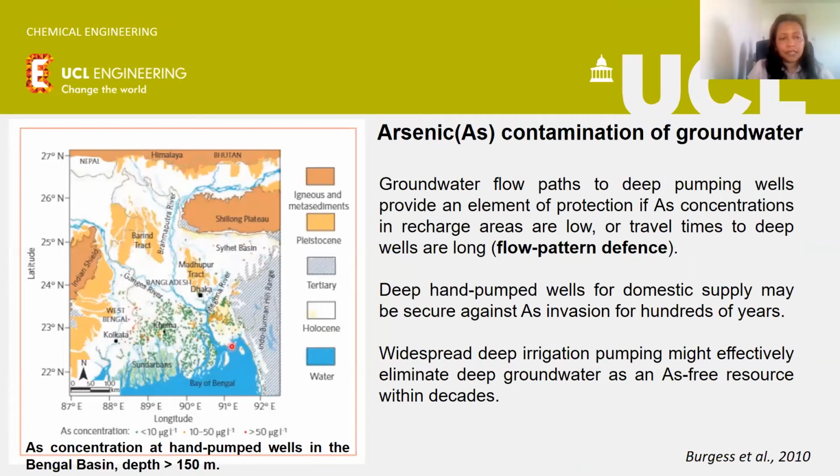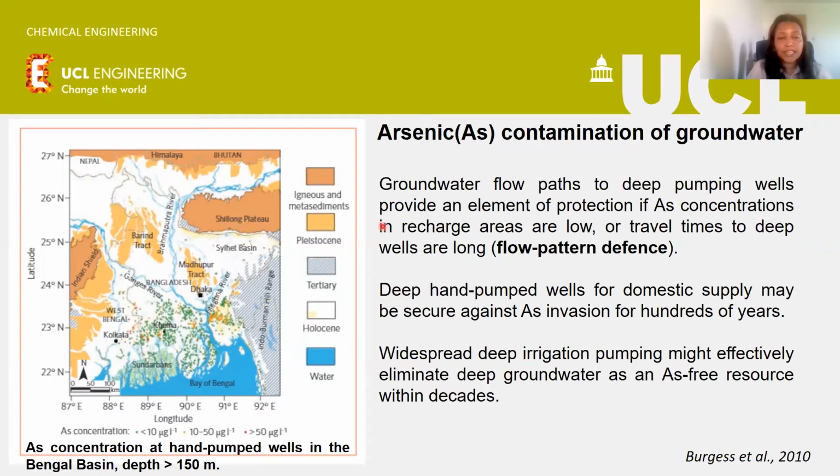So if you look at the image here, don't worry about the details, but what is important to look at is that, as I said, they measured arsenic concentration from a number of wells. Those in green, most of them, have arsenic concentrations at a very acceptable level. So that keeps this area safe from the drinking water perspective.